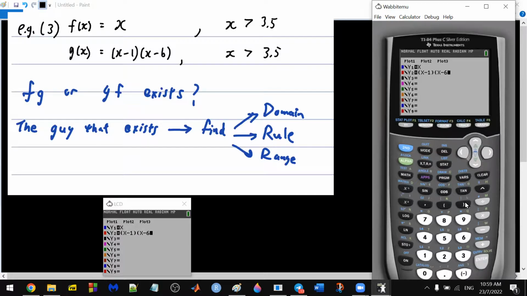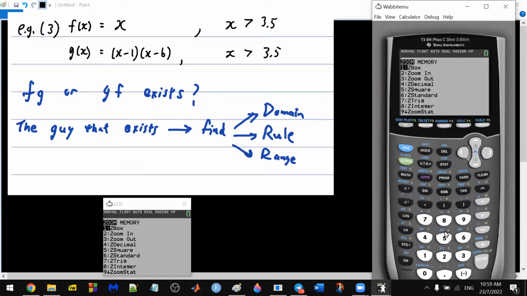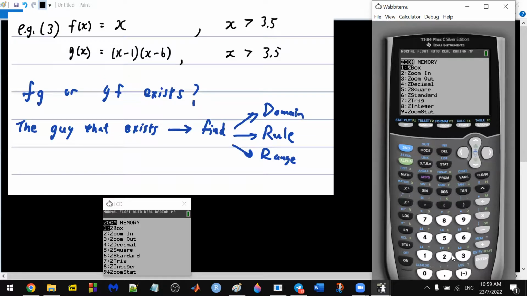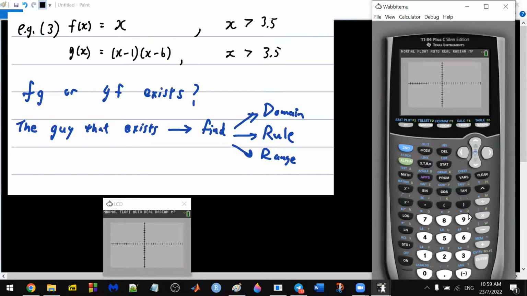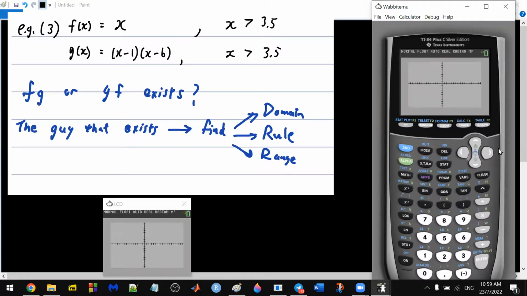Oh, can you see the screen? Yeah, I can see. Just draw a graph too. So by now you have drawn the graph, right?